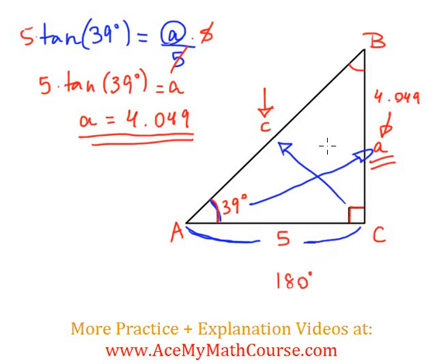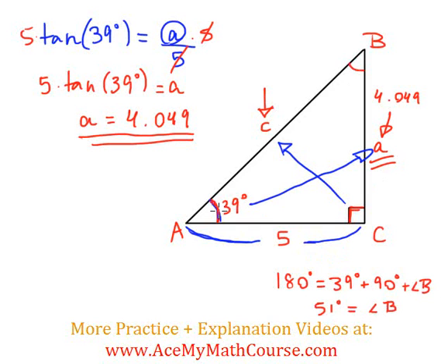So we know that 180 will be equal to 39 degrees plus 90 degrees plus angle B. So I will just subtract 39 and 90 from both sides of the equation, and I figure out that angle B measures just 51 degrees.